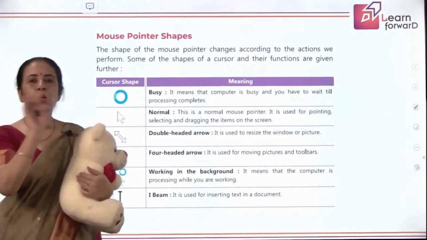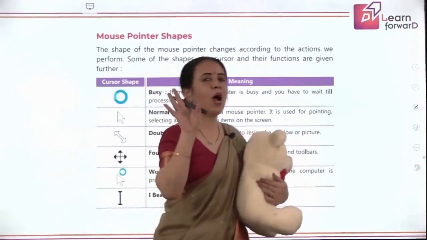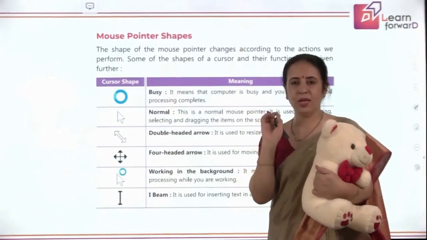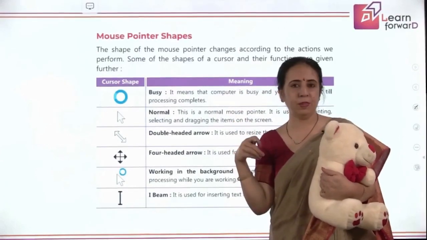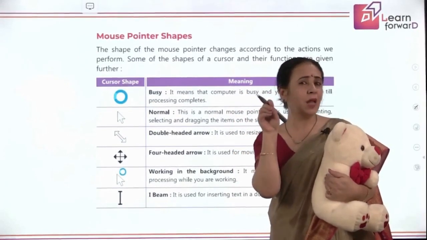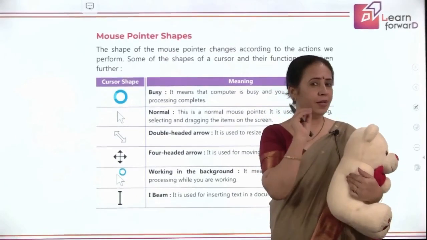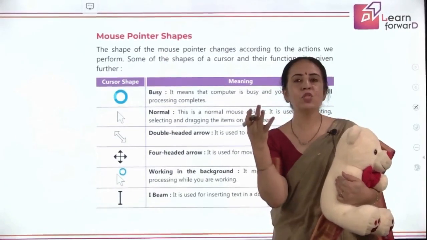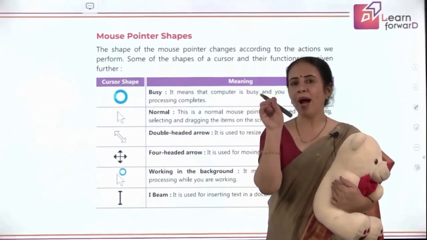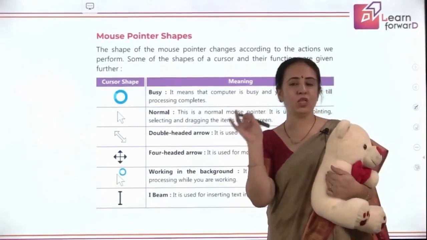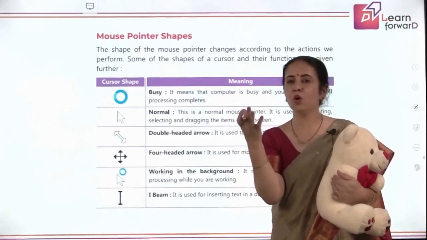So whenever your mouse is moved, you have a pointer on the screen and it has different specific shapes. Now each shape has a special indication. So next time when you see a shape different, you will come to know why this shape of the pointer of your mouse is getting changed.